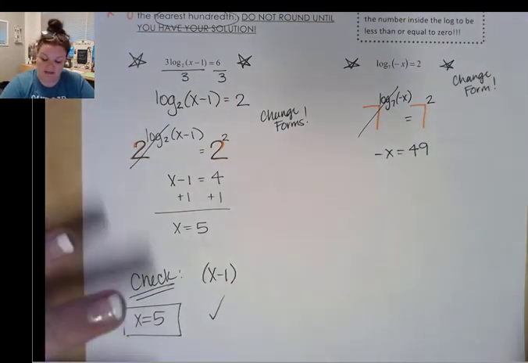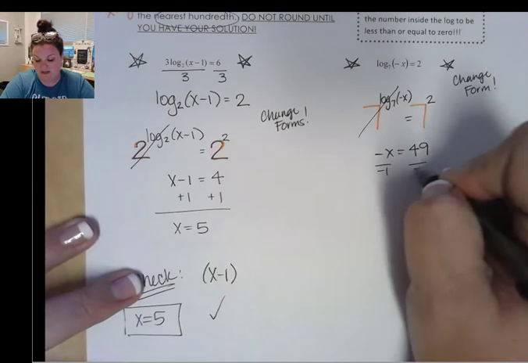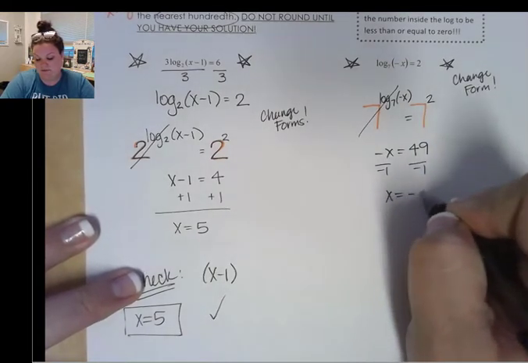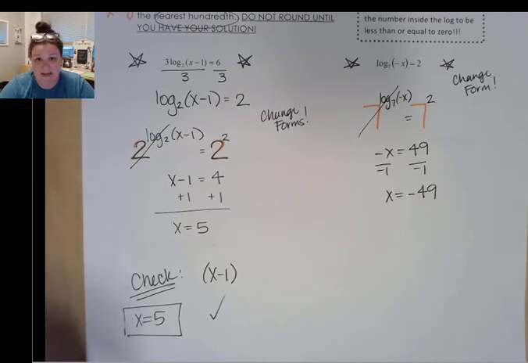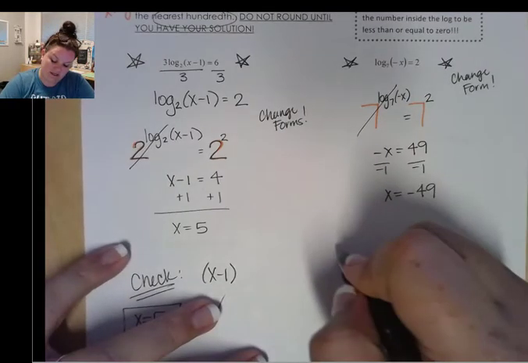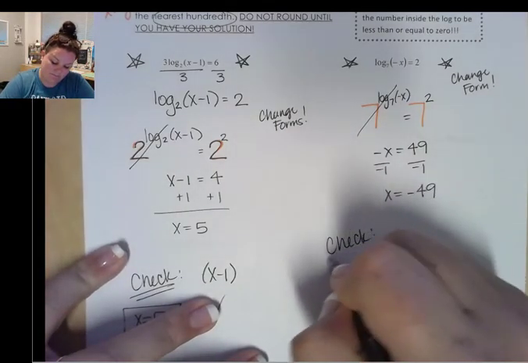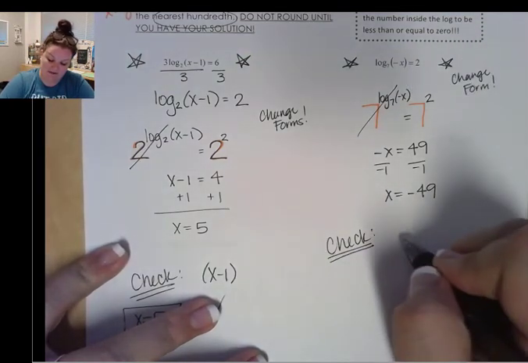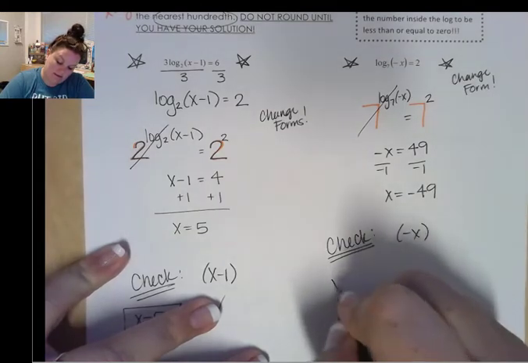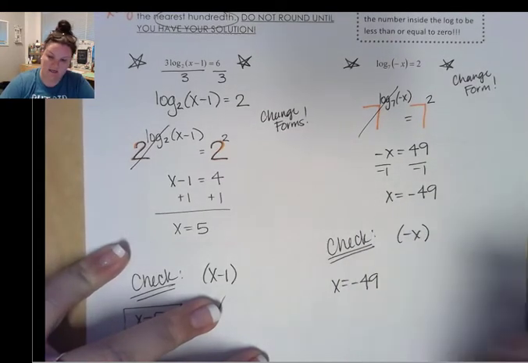And then to solve for x, I just divide or multiply off that negative, which means x equals negative 49. Because this came from a log, I do have to check the answer. So the only quantity that I had inside the log was a negative x, and I'm checking negative 49.